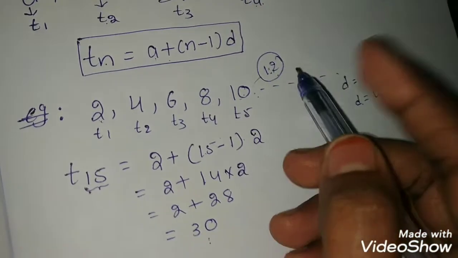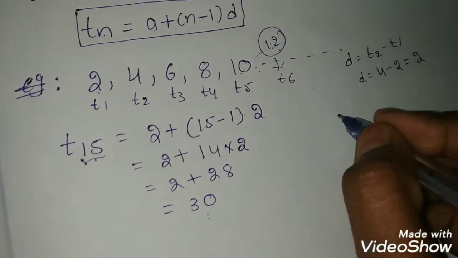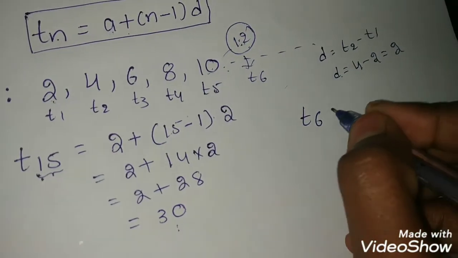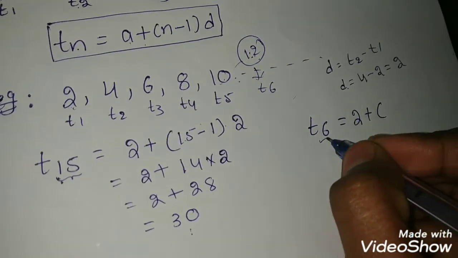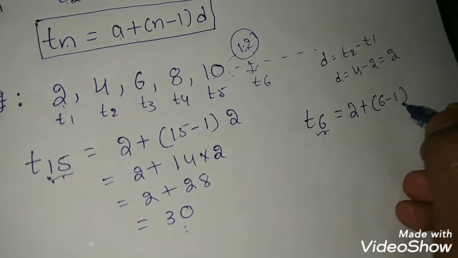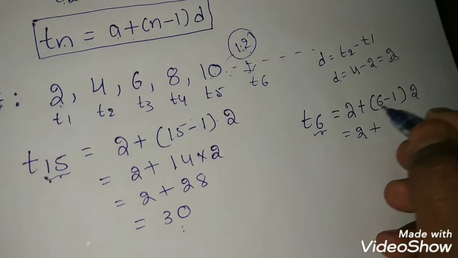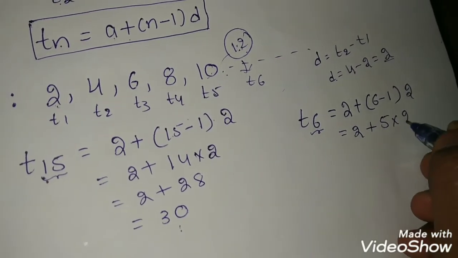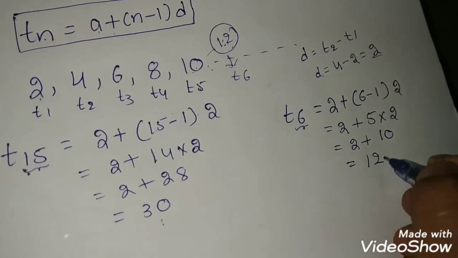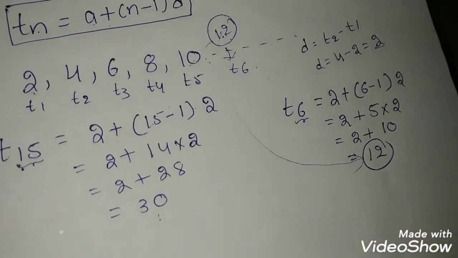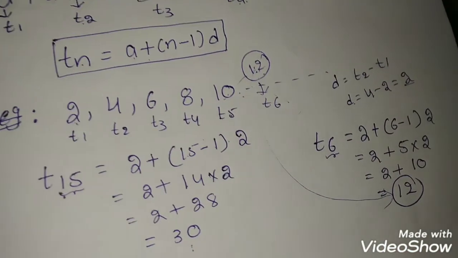Now by using the formula: a is 2, plus n is 6 minus 1, into d, which is 2. So 2 plus 5 twos are 10, 10 plus 2 we get 12. See, is it the same or not? This is a very important formula to solve problems.